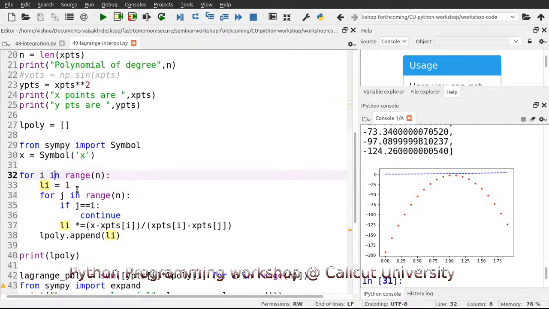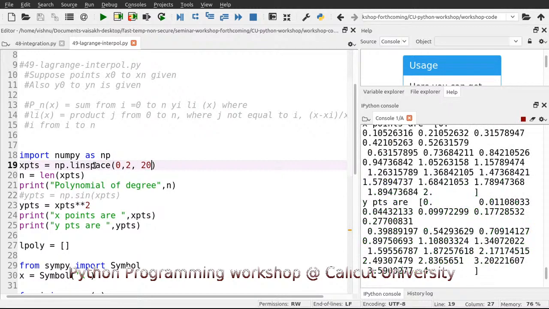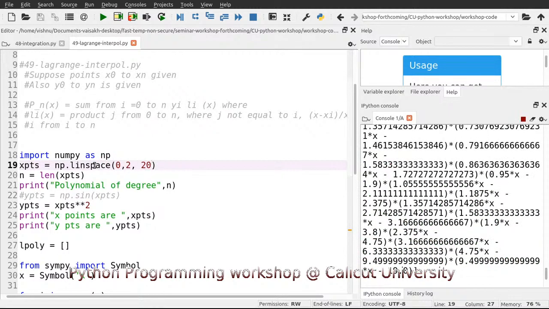For i in range 0 to, okay, so what are the points that we are creating? Oh, so this is actually a confusion. 0 to n is how much? Linear space again, 20 points. So we have altogether 20 points.